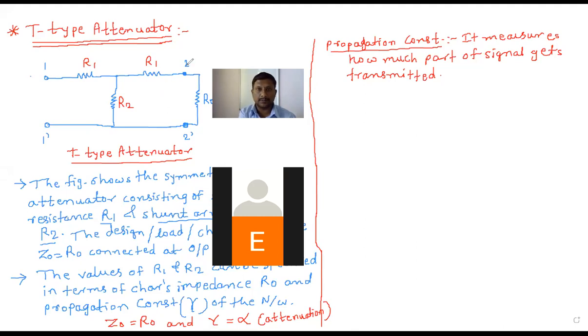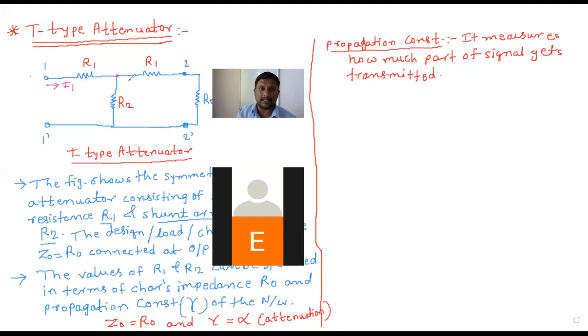Before starting the derivation, we need to mark some currents here. Suppose the I1 current is flowing through here. You have connected a voltage signal or a current source at port 1. Then the I1 current will flow up to this point. Then the current gets divided into two parts: some current flows through the series connection of R1 and R0, and the remaining current flows through R2.